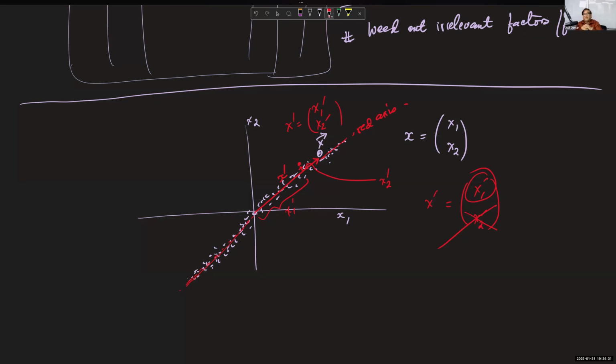Are we together? They matter in smaller and smaller amounts. Some people call it the long tail effect. Quite often, it is common, not always true, not universally true, but it is quite common to see this in data. And therefore, the case for dimensionality reduction, isn't it? Therefore, the valuable technique of dimensionality reduction.